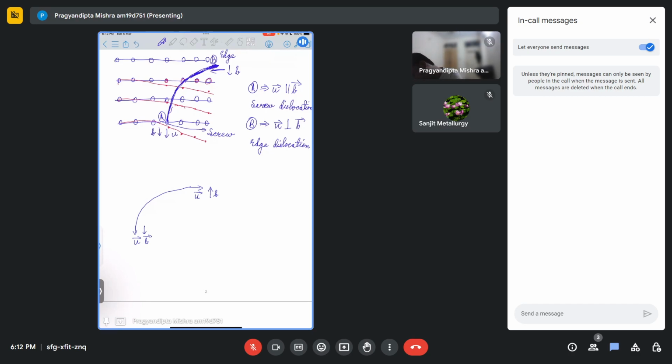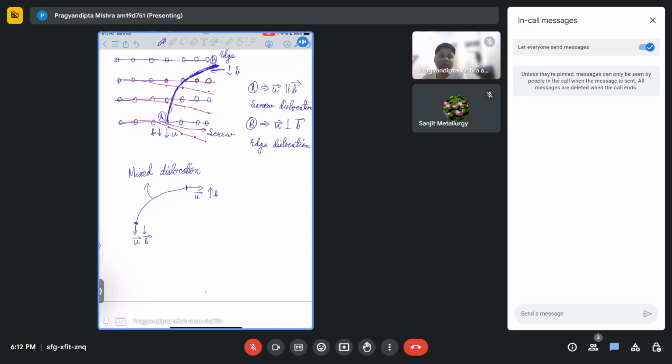In between this region, from here to here, is essentially your mixed dislocation characteristic. So it is neither screw nor edge, but having behavior which is in between screw and edge. We'll be understanding about this mixed dislocation also as we go forward.